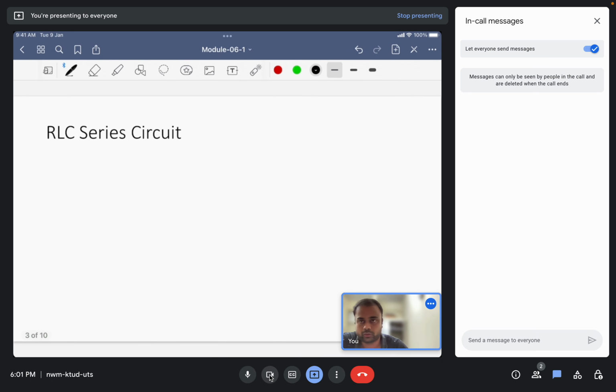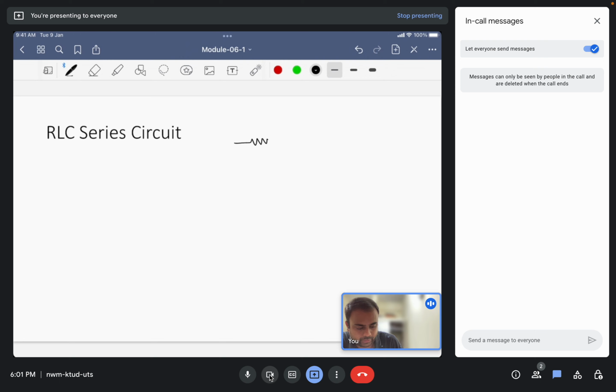Let us first have a brief look at the RLC series circuit, when excited by a DC supply and without a DC supply. Let us draw an RLC circuit.